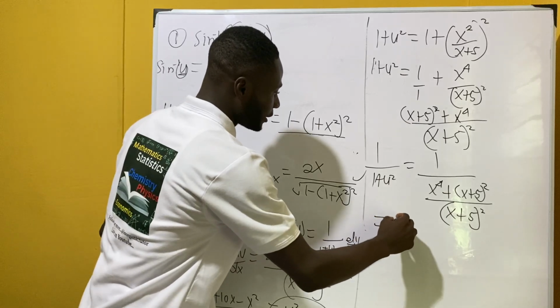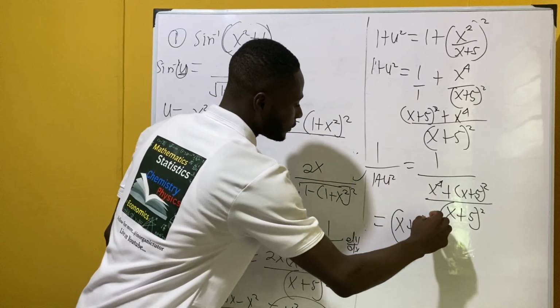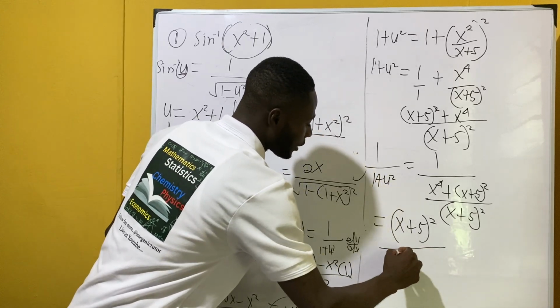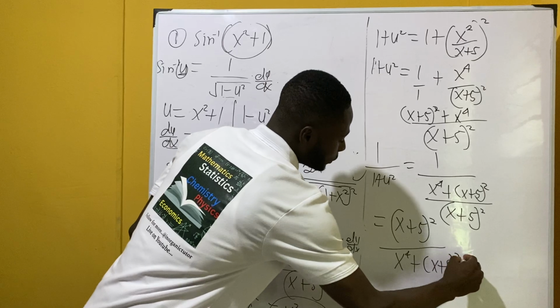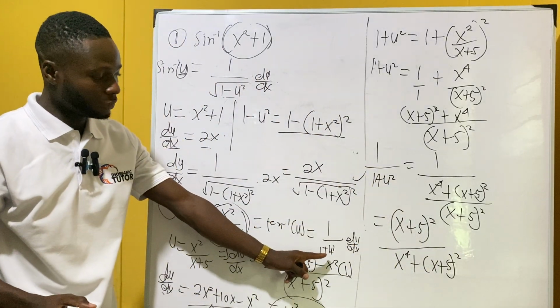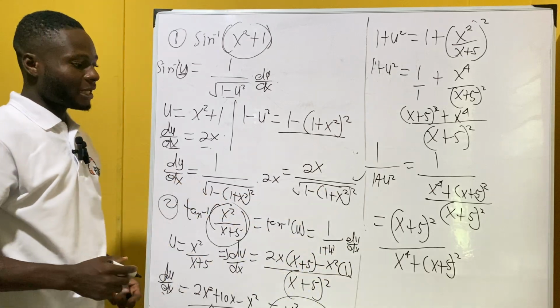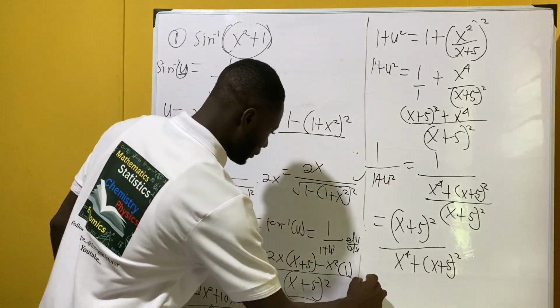So right here, turning this upside down, you have x plus 5 all squared all over x power 4 plus x plus 5 squared. So this is our 1 over 1 plus u squared. So we have to multiply it by the du dx.